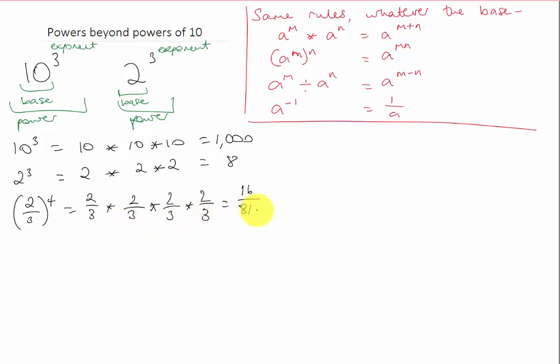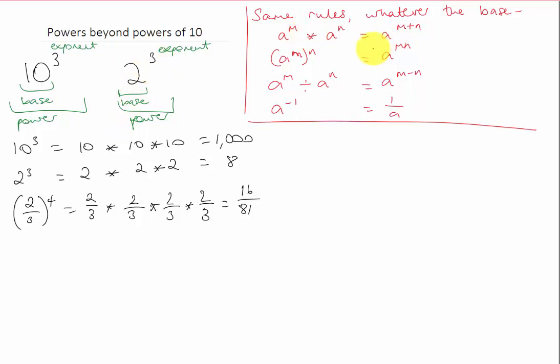Okay, so I think that's all fairly self-explanatory. Whenever you have to multiply the base by itself as many times as the exponent. So if we had 2 to the power 17, then we had to go 2 by 2 by 2 by 2, etc. 17 times.